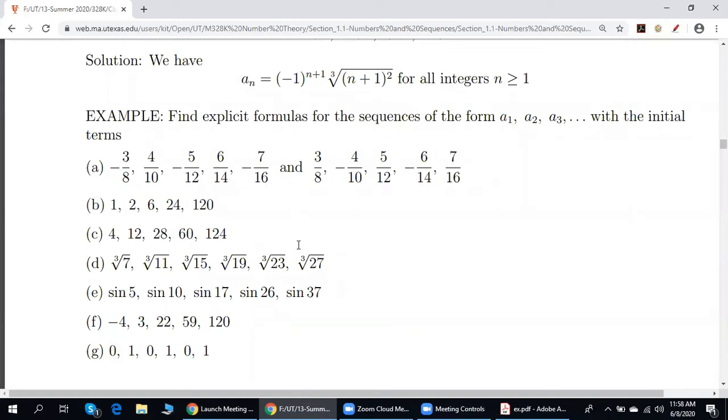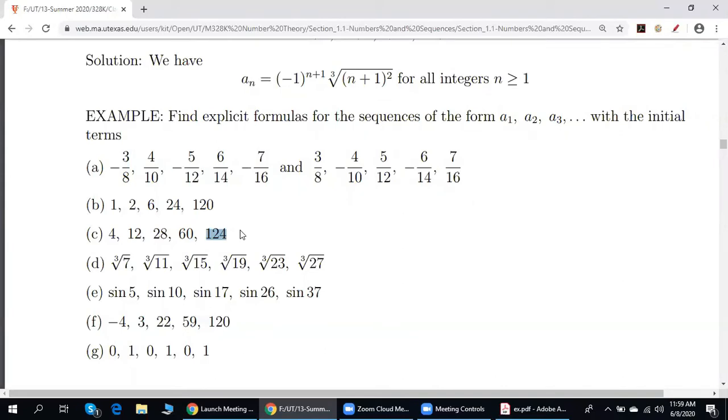Basically, your idea was 12 is 16 minus 4. 28 is 32, again, minus 4. And 60 is 64, again, minus 4. And 124 is 128 minus 4.